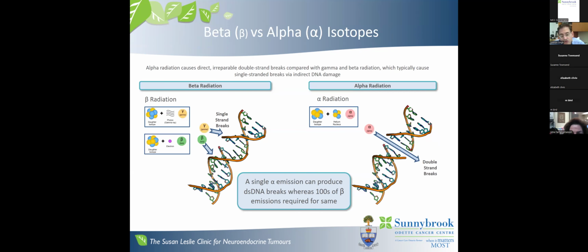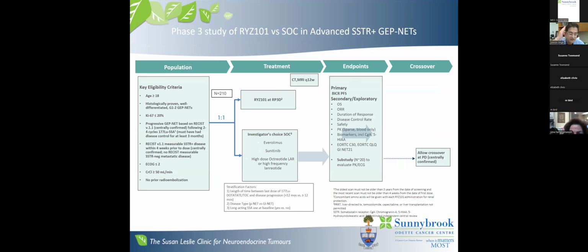The other retreatment trial looks at alpha isotopes. What we've been talking about so far is beta radiation, which we can generally think of as causing single-strand breaks. Alpha radiation involves lighter particles, causes double-strand breaks, is potentially more localized with less effect on healthy tissue, and is easier to dispose of and easier to administer. A primary study looking at retreatment is from a company called RayzeBio.